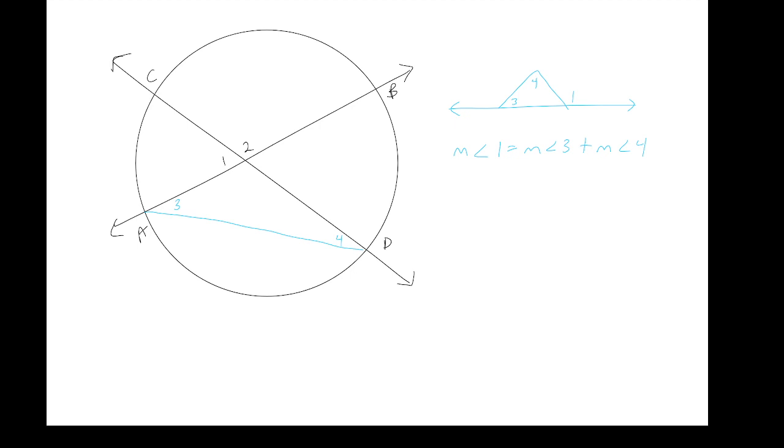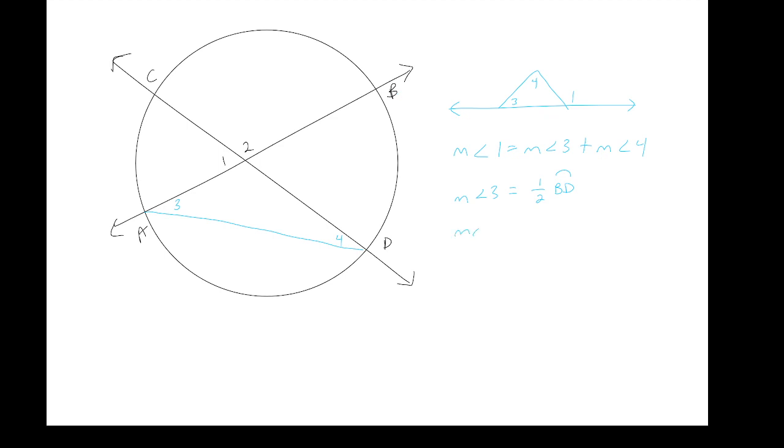So remembering the following, right? We have 1 is going to be the sum of 3 and 4, okay? And now think about what we have here. The measurement of angle 3 is going to be equal to, remember, it is an inscribed angle, right? So what it's really going to be equal to is 1/2 of arc BD, right? This is the arc that intercepts it. So this was in our last lesson.